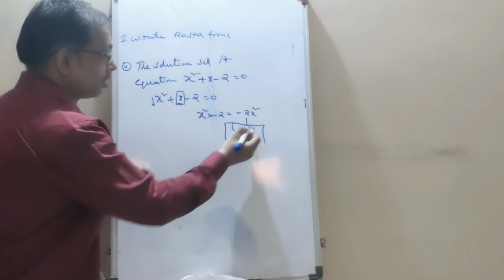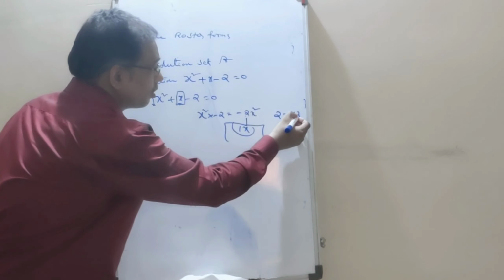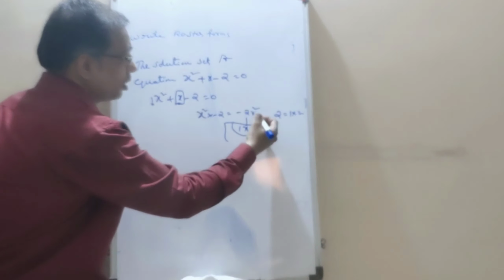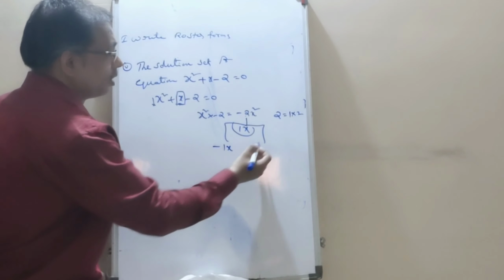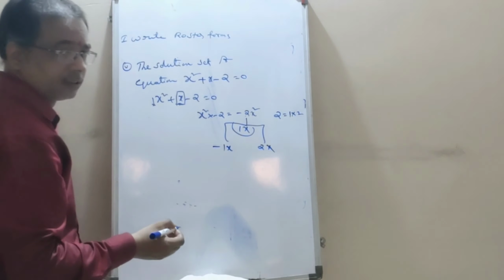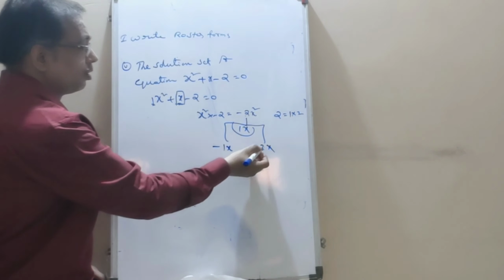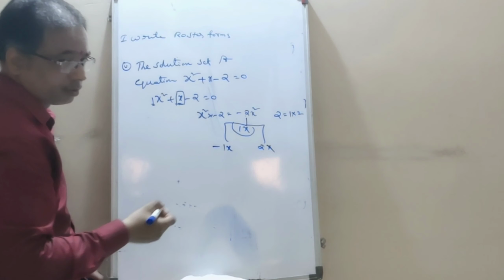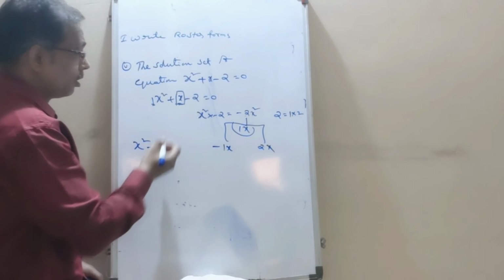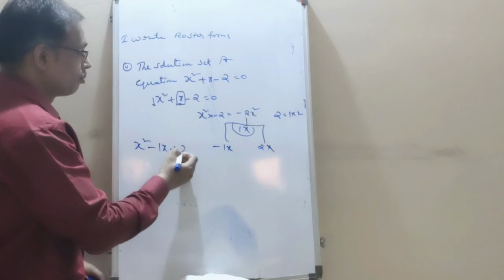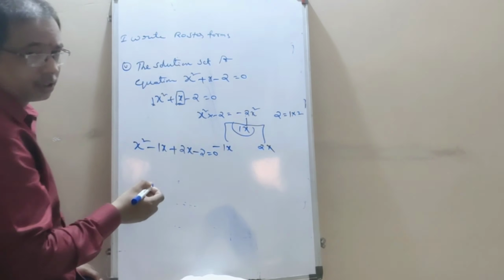To get 1x, take the factors of 2, that is 1 and 2. So minus 2x square means we have minus 1x and 2x. Minus 1x plus 2x gives 1x, and 2x into minus 1x gives minus 2x square. Those conditions must be satisfied. Here we can write it as x square minus 1x plus 2x minus 2 equal to 0. This is the method of splitting the middle term.